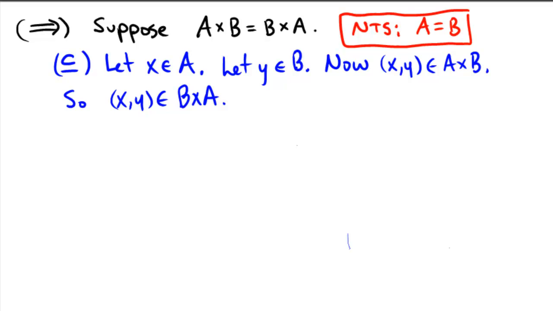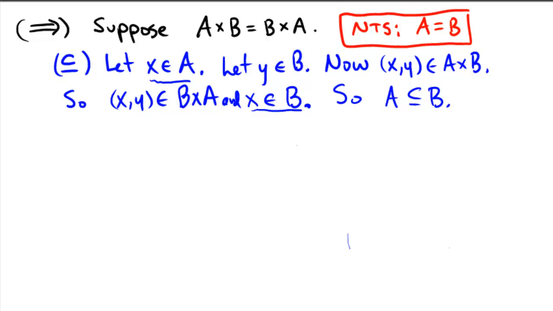Well, X is the first coordinate of this ordered pair, and according to this, it's coming from set B. So therefore, X is in B. So we took an arbitrary element from A and we showed that it's in B. So A is a subset of B. There we go. So we've got one direction of the set containment.